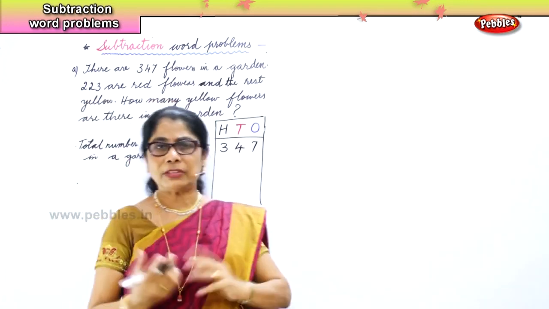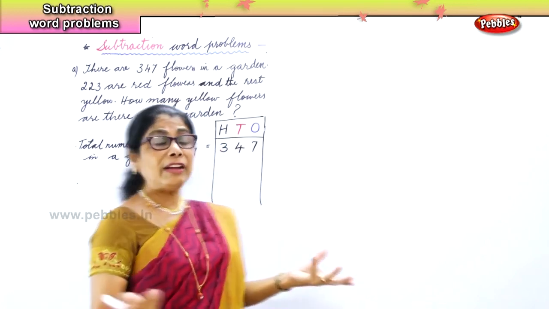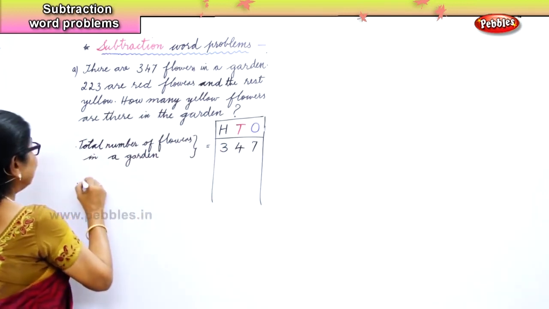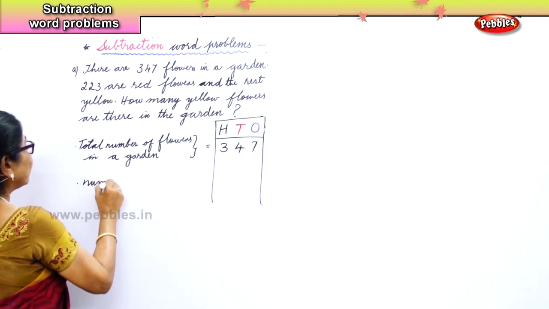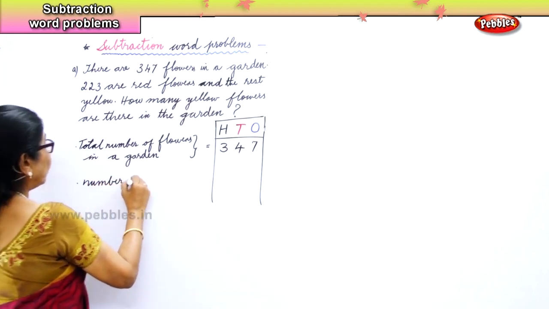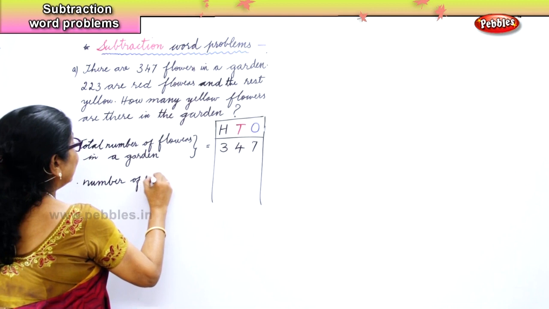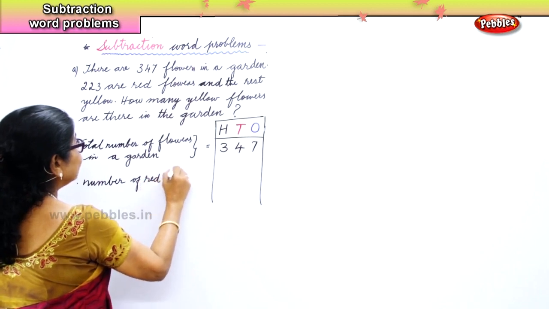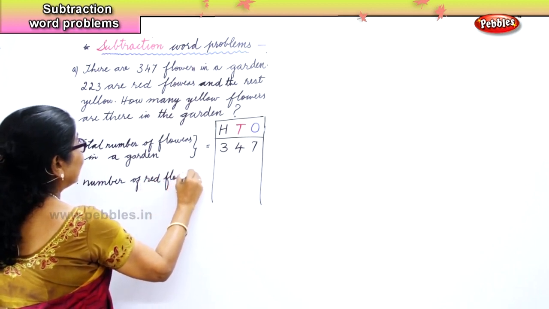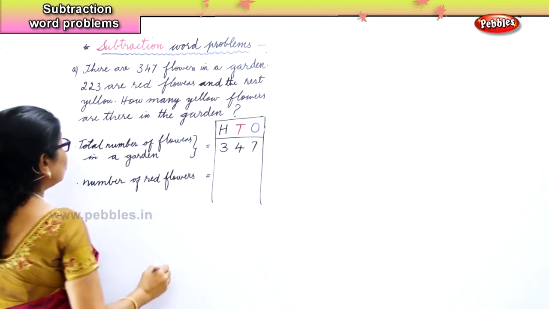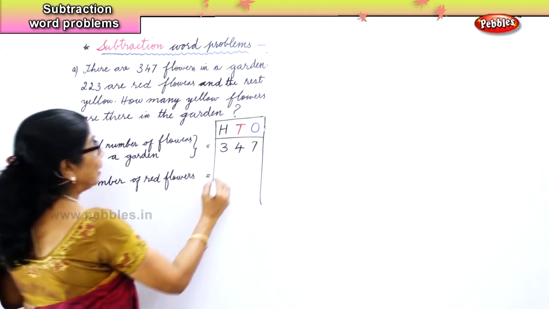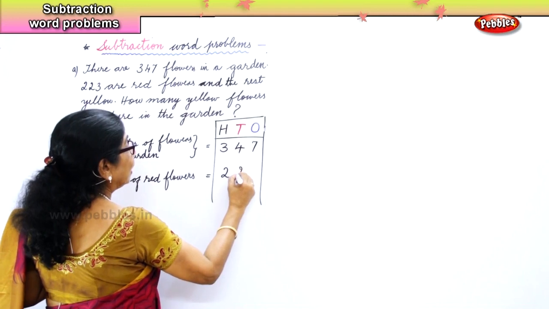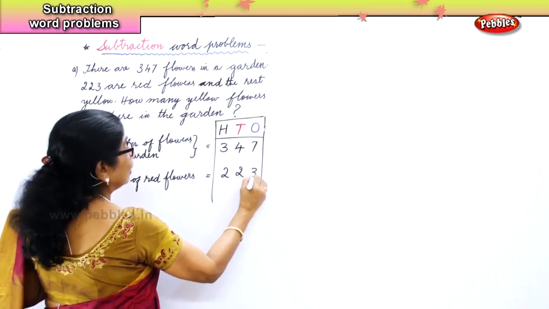223 are red flowers. So what will you write? Number of red flowers. Very good. What is the number of red flowers? 223.